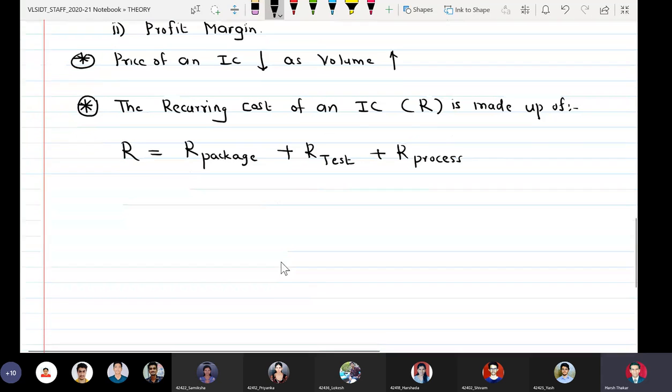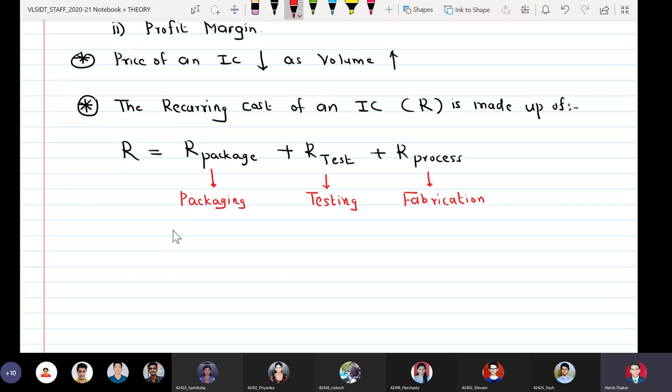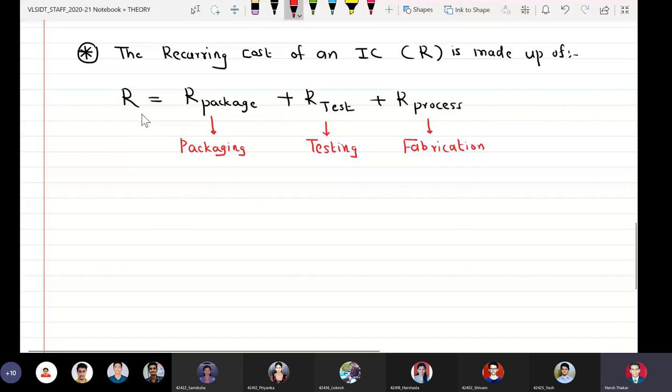Okay, so packaging cost, testing cost. This is the cost of testing a chip. This is actually fabrication, and this is the packaging cost. It's very important. And there is a lot of mathematical modeling based on statistics and economics which has been done.